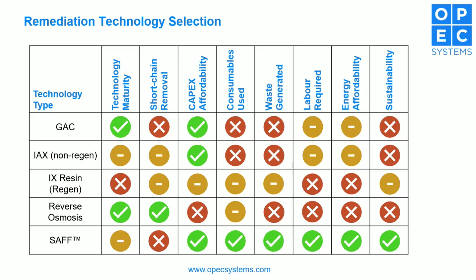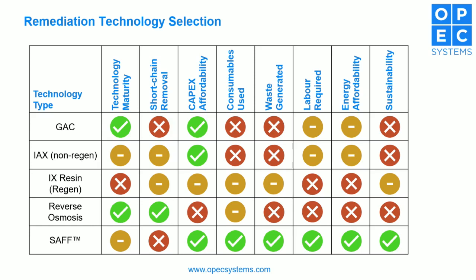It uses no consumables, it generates almost no waste, and it just harnesses air bubbles to do the work, which is of course free. So it's great from that perspective. Other systems that use more consumables, whether those consumables be membranes or absorbent media, we would view as not as sustainable.